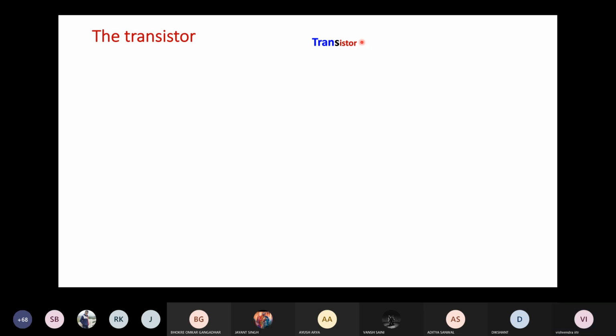This is given as the reason behind naming this device as transistor. Although some scientists at Bell Labs who were in that voting had different reasons for naming this device transistor.